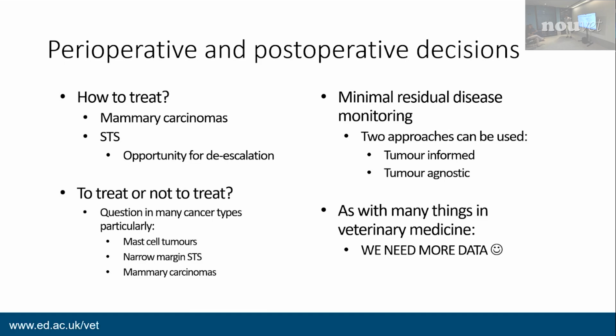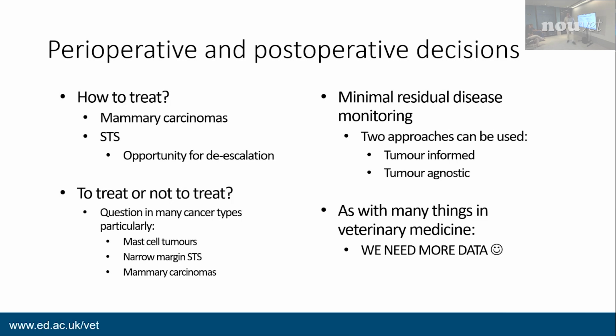So whether there is an opportunity to de-escalate some of those treatments and just drop it. Whether to treat it or not overall is a discussion across various cancer types, from mast cell tumors to soft tissue sarcomas, again, mammary carcinomas.